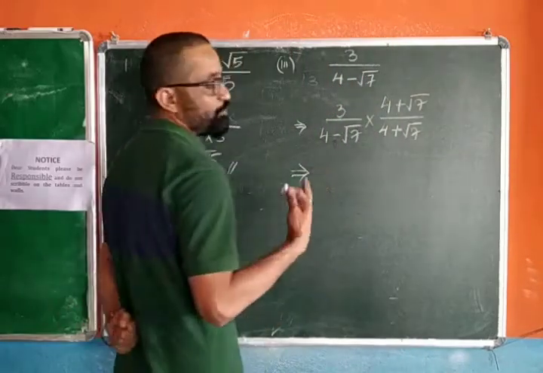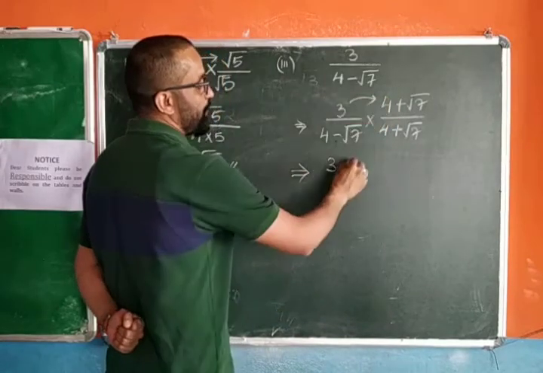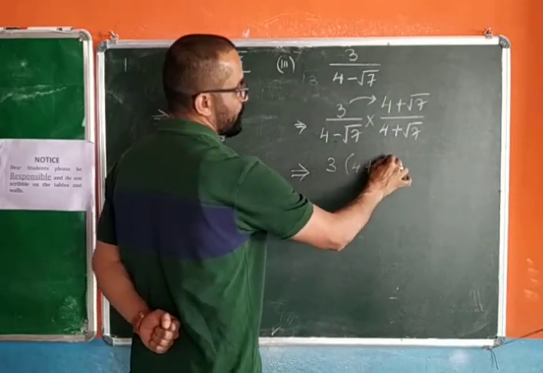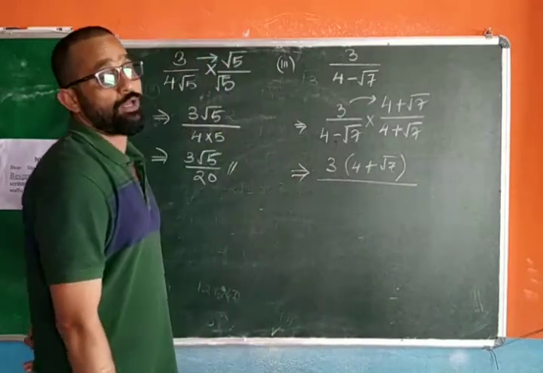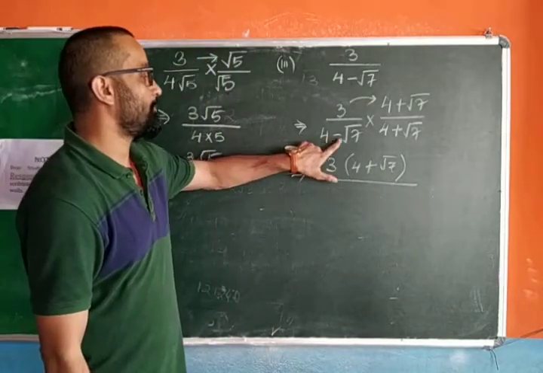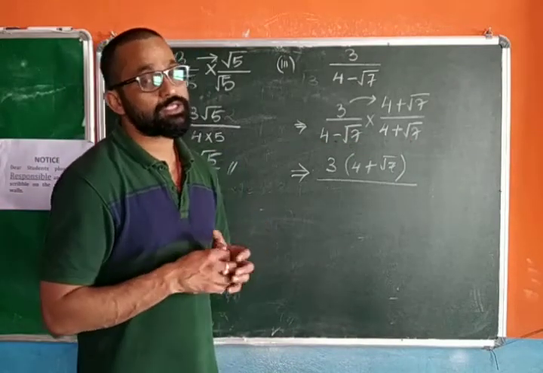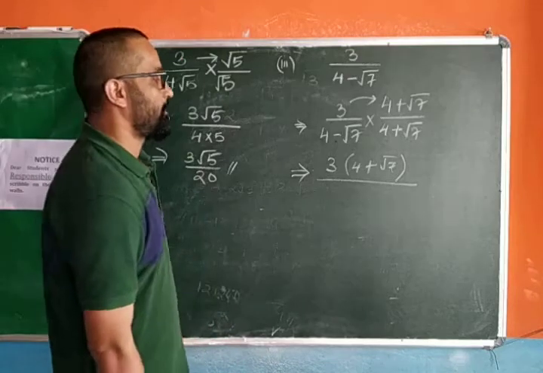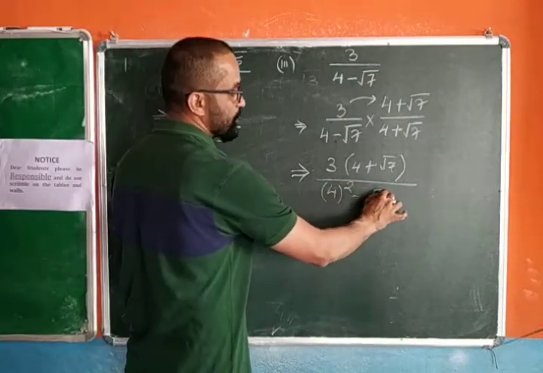Now we proceed with multiplication. Numerator multiplies with numerator: 3 into 4 plus root 7. We use an algebraic formula at the denominator. a minus b multiplied by a plus b gives us a square minus b square. So we write this as 4 whole square minus root 7 whole square.